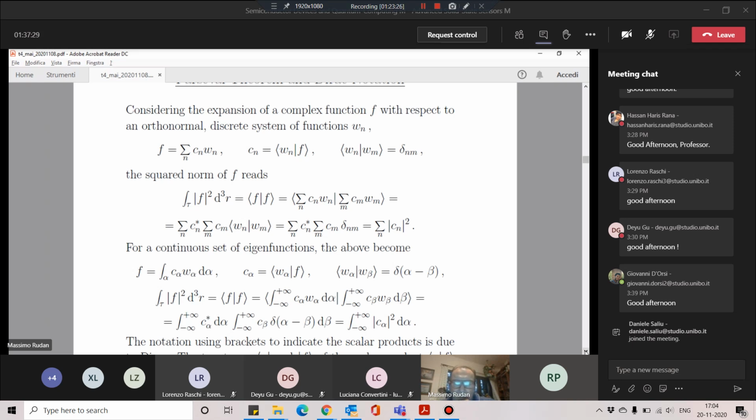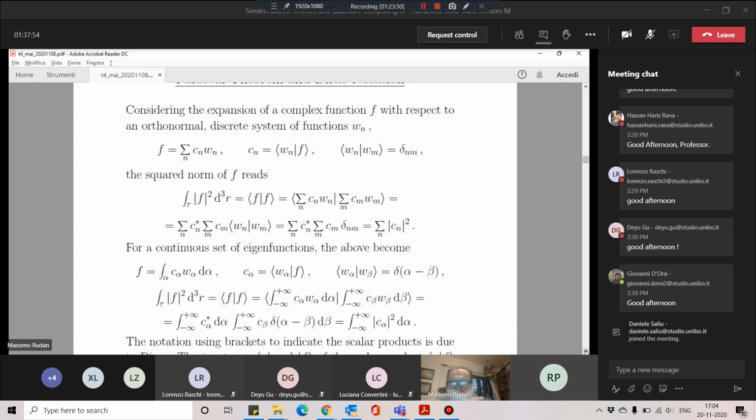How do we express in compact form the property of these W functions of being orthonormal? We use the symbol of Kronecker, delta nm. You remember, delta nm is equal to 1 if the two indices are equal. It is 0 if the two indices are different.